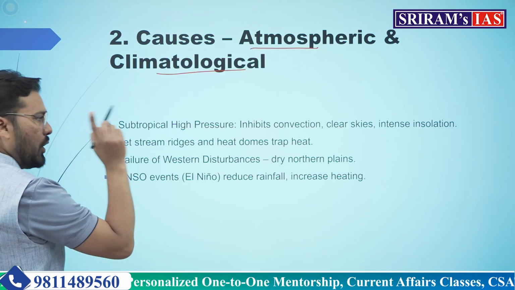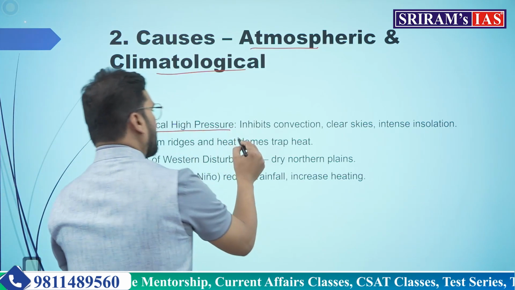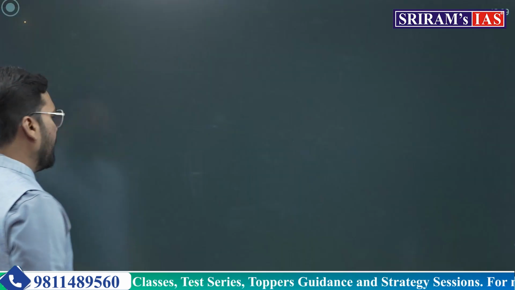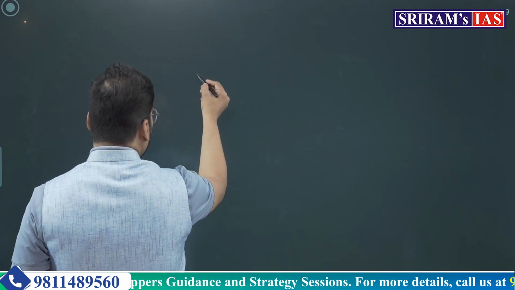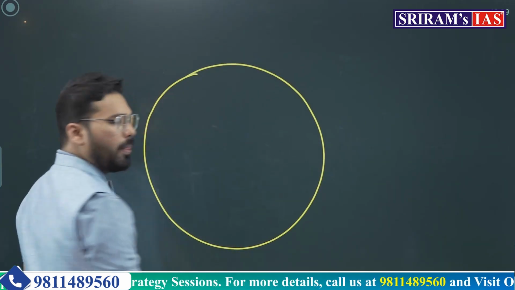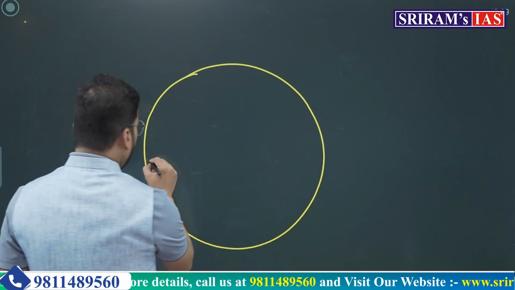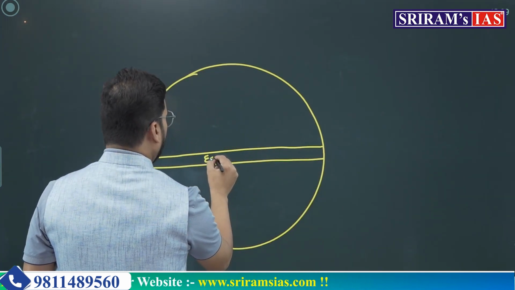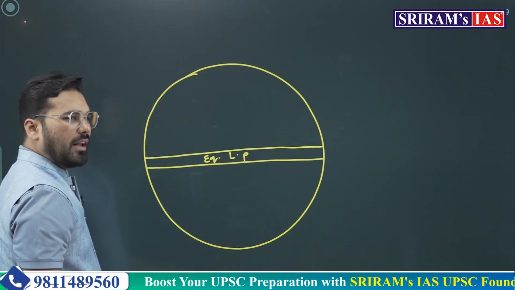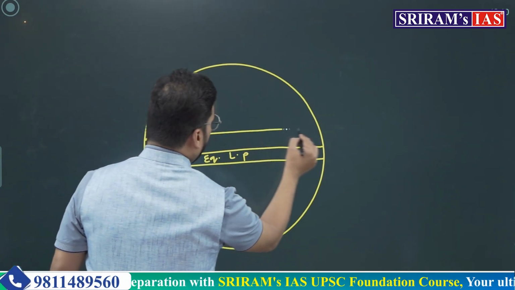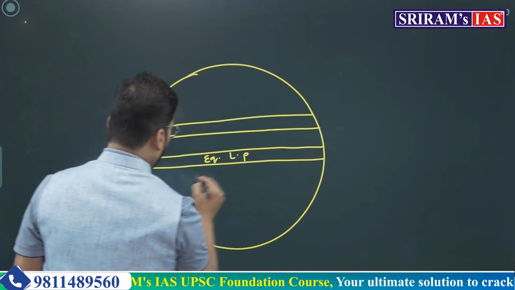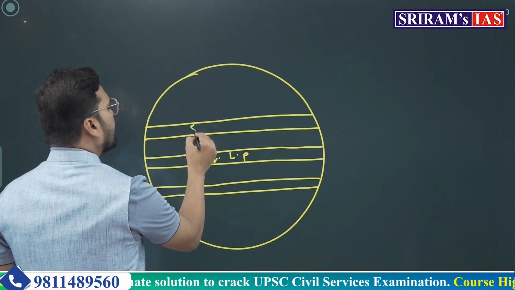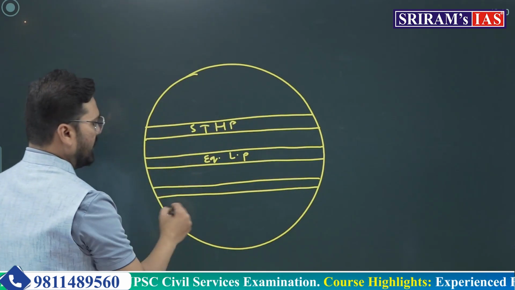Now here, there's a concept of subtropical high pressure, which inhibits convection, clear skies and intense insolation. Chalo, we'll come here. Now tell me, say if this is the globe, and here is your equatorial low pressure belt, but around 25 to 35 degrees north and south around the tropics, you have subtropical high pressure condition.